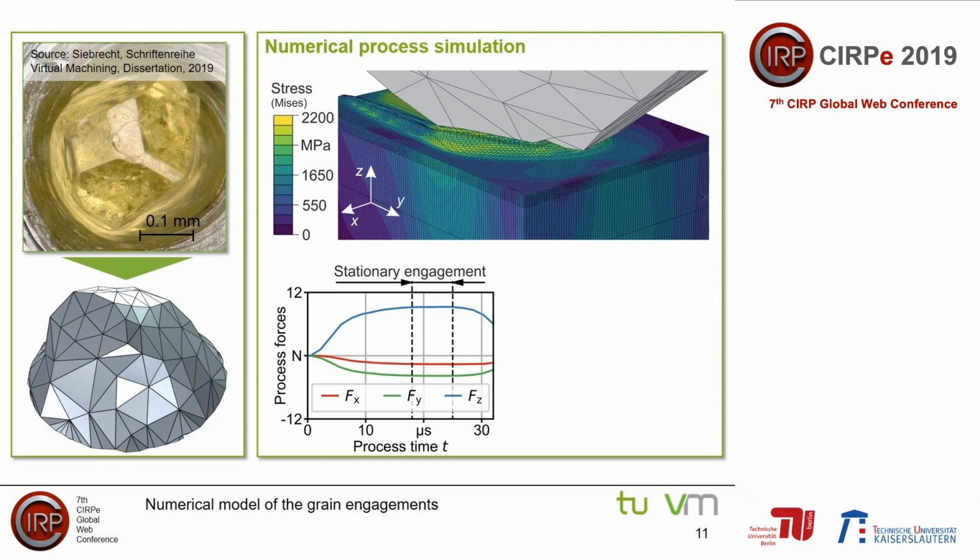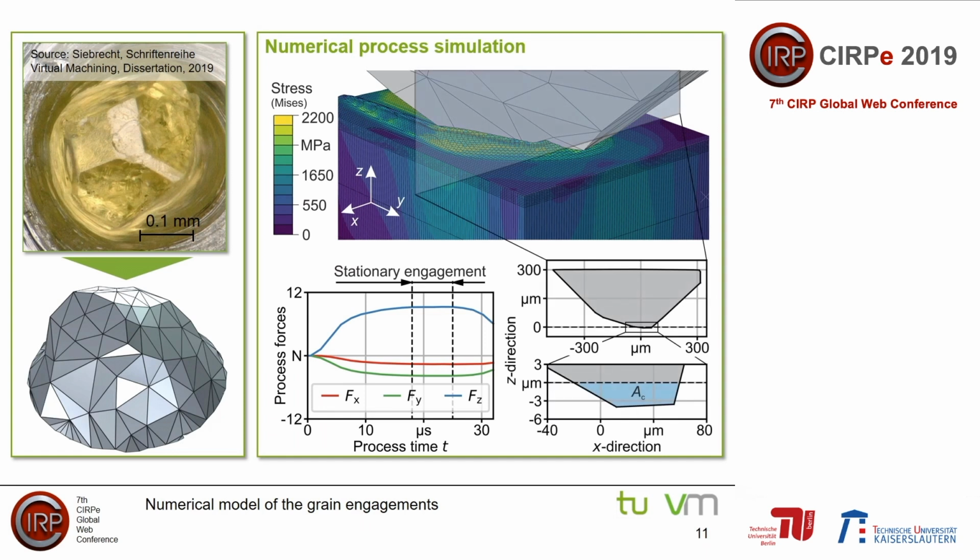For the selected interval, the mean forces in cutting direction, which is parallel to the y-axis, and in normal direction, which is parallel to the z-axis, were calculated as well as the corresponding undeformed chip areas. The cutting force coefficients were then calculated as a ratio of force to undeformed chip area.